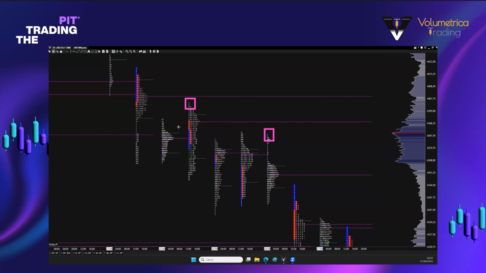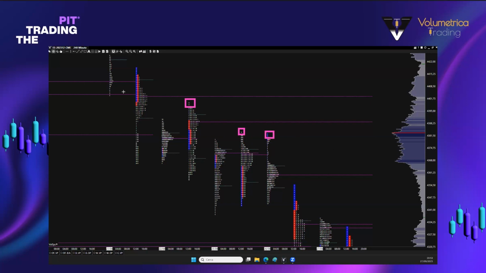So normally, for a good extreme, to consider it a stable high or a stable low of the day, it is supposed to come with just one print, one letter, so no overlap of more than 2 letters. That's a good example. Here we only have 2 ticks with the E print. Here we have just one with the O print. Here we have 2 with the A print, and so on.